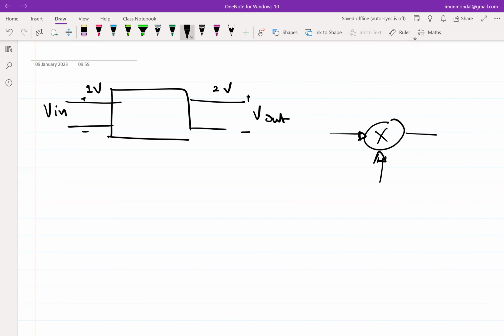So let's assume we have a multiplier, with one input sinusoid and another input, some other frequency or the same frequency, I don't care. Let's assume the same frequency for the timing, omega naught, omega naught. What do you expect the frequency components of the output to be? Only 2 omega naught?